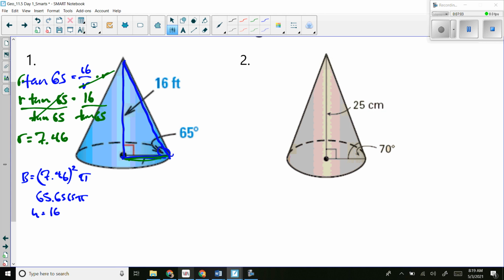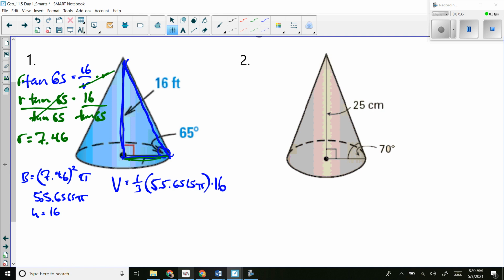They give that to us right here. So then I have to put in my formula. V equals 1/3 times the area of my base, which is 55.6515. My apologies, I said 65 at first, but that's 55.6515 pi, and then the height is 16.